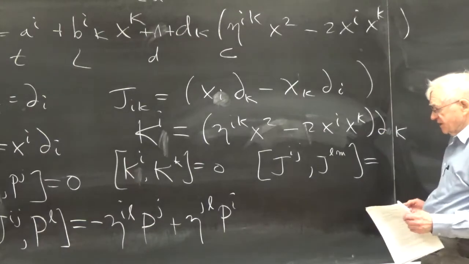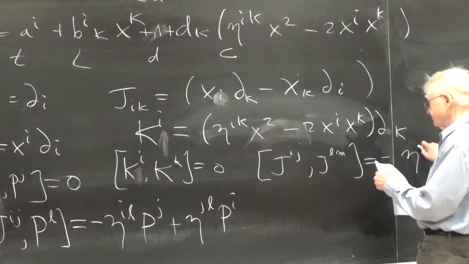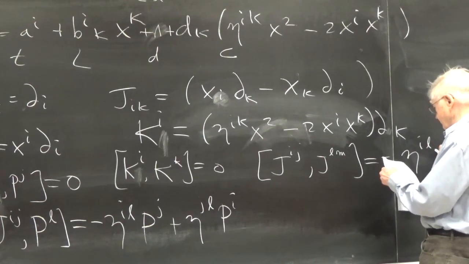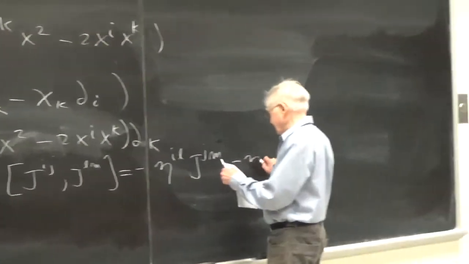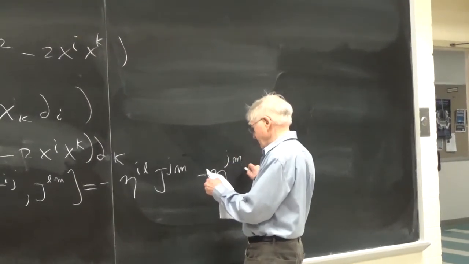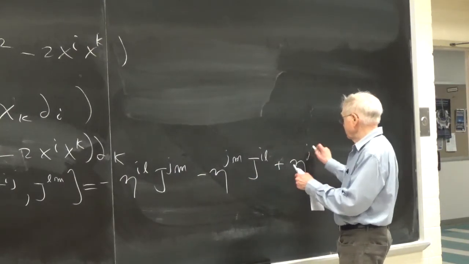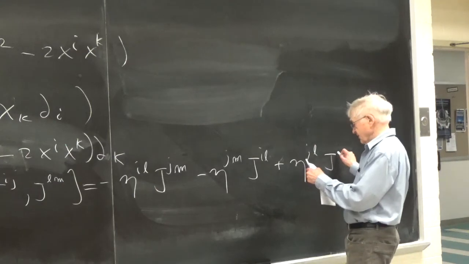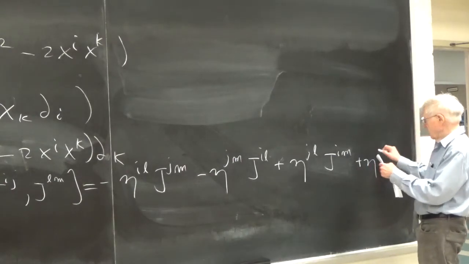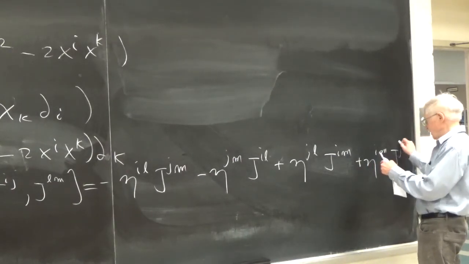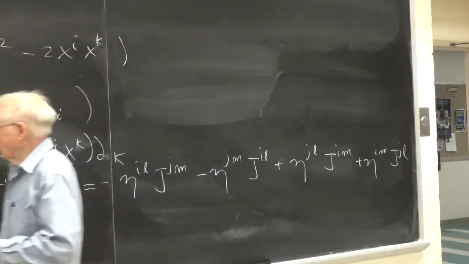So this is the commutator of two generators of Lorentz transformations, and this is minus eta_IL J_JM minus eta_JM J_IL plus eta_JL J_IM plus eta_IM J_JL. So these are the ones that we already knew about.